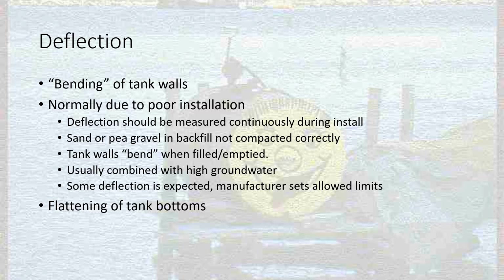And then related to this is the flattening of the tank bottoms. So what happens when fuel is added to the tanks, sometimes if there's nothing supporting the outside of the tanks, they'll start bowing out. So you can see this one is more oval shaped instead of round like it's supposed to be. And so as fuel is added, they'll bow out and they'll become more oblong.